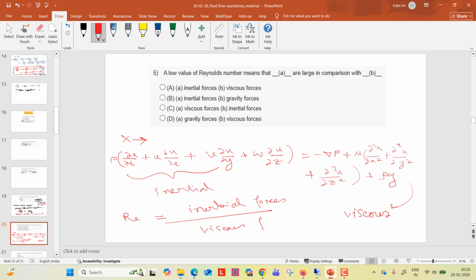So it is said a low value of Reynolds number means inertial force is low. So viscous force will be dominant here, right? So viscous force will be large in comparison with inertial force. This is option C, right? So now you can visualize how this is coming.